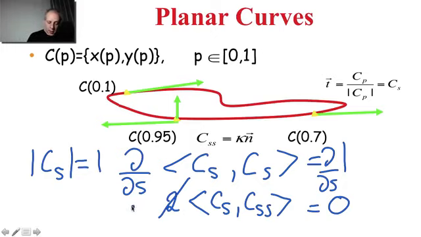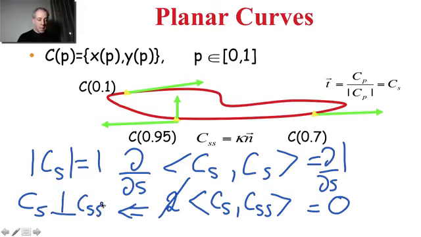So from here, we get that C'(s), the first derivative, is perpendicular to the second derivative. Now the magnitude of the first derivative is 1. The second derivative is perpendicular to the first one all the time when we are taking derivatives according to S. The first is a unit vector, the second is perpendicular to it.